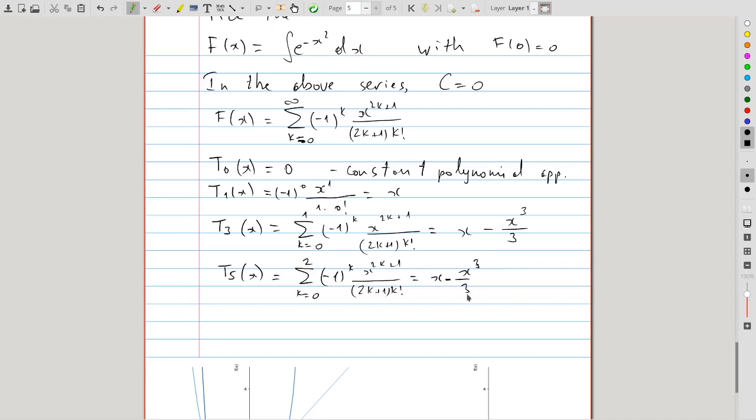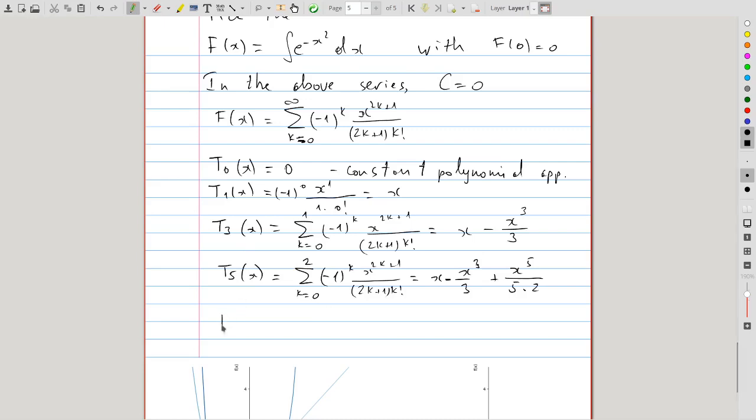And so that gives me minus 1 to the 2, so that's plus 1, x to the 5th, divided by 5 times 2 factorial, so that would be 10 in the denominator. And so this is the degree 5 polynomial that approximates f of x at 0.